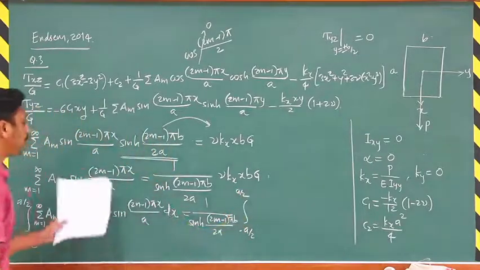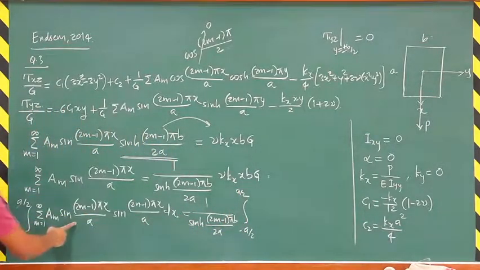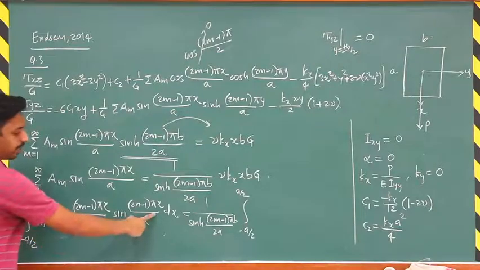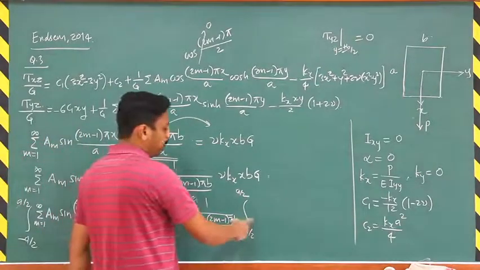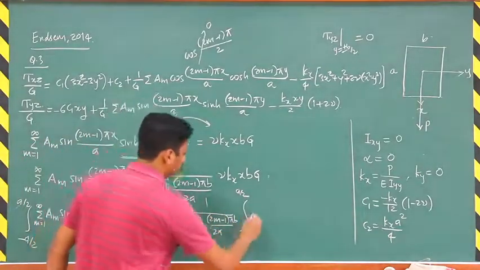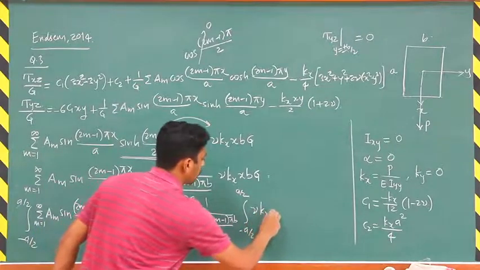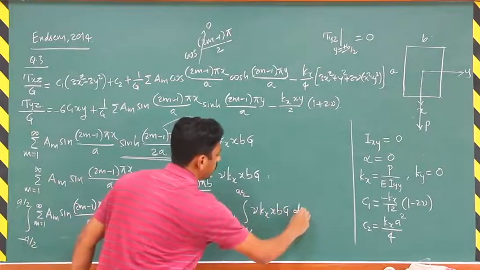So basically we have multiplied both sides of this equation by sine of this particular term and integrated over the domain minus a by 2 to a by 2. So this will have mu kx x b dx.